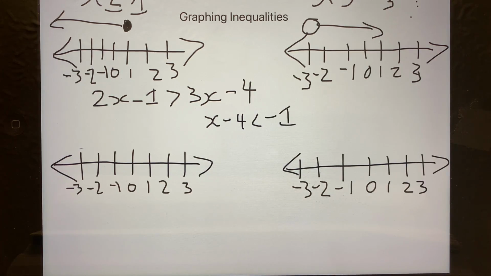All we did was subtract 2x on both sides, if you guys couldn't tell. And then from here, you add 4 to both sides, so you're trying to isolate the variable no matter what. So you'd have x is less than 3.